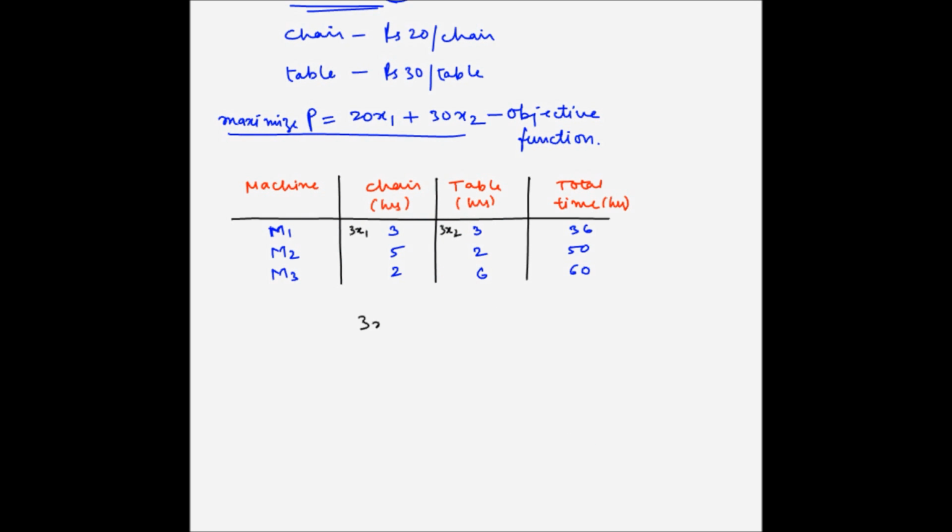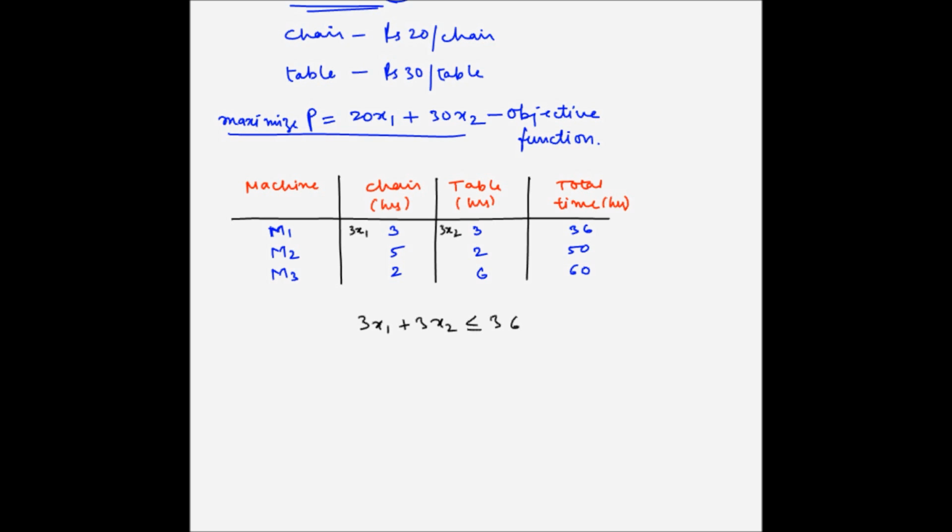So 3x1 plus 3x2, and we have been given that the total time available for machine M1 is 36 hours. So this, that is 3x1 plus 3x2, should be less than or equal to 36 hours.